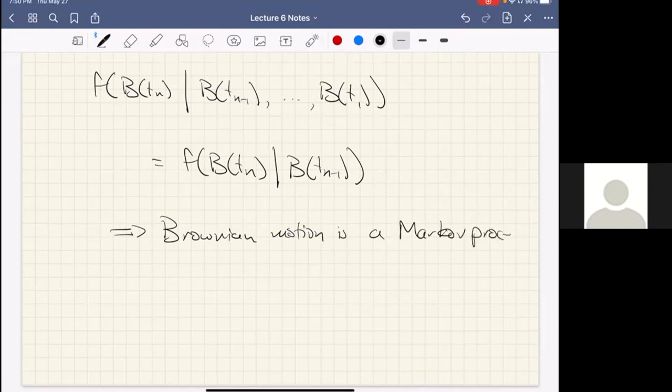In other words, the future only depends on the past through the present. I can know everything about what happened to this Brownian motion before now, and it doesn't matter because the next increment is independent. And that's basically a Markov chain. That's great because that simplifies the analysis a lot. And it also makes these processes relatively easy to simulate.